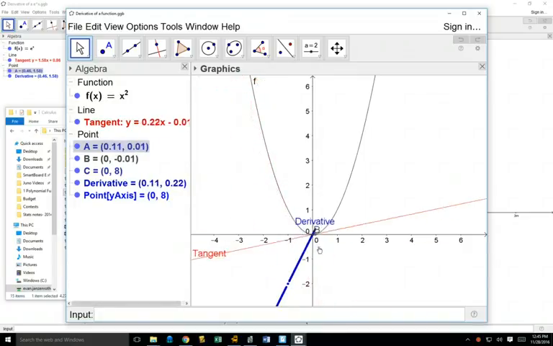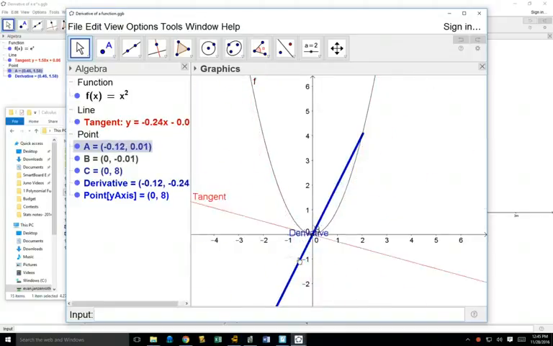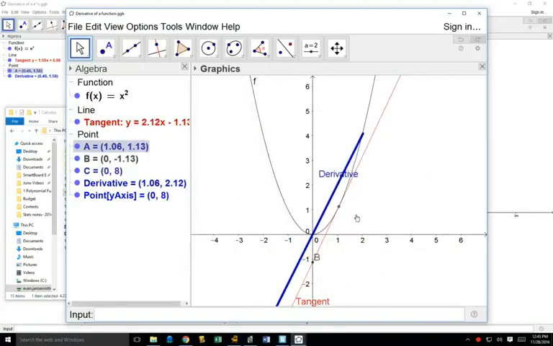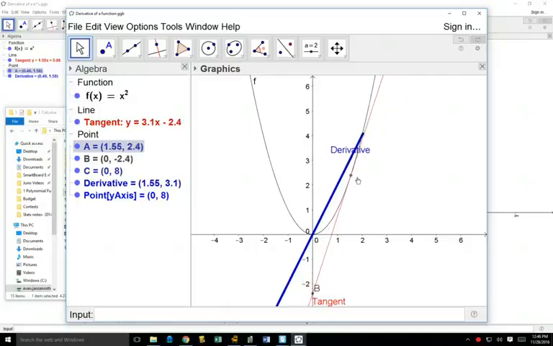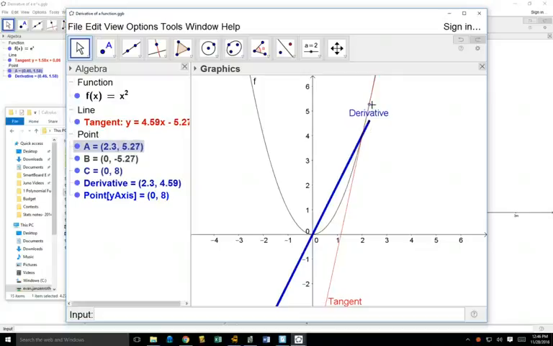As it's graphing all the slopes, does it look like it's making the line y equals 2x? Yes. So what this program does is, as you drag a point along, it moves up a little bit till it gets to a new point. So at that point, 2.3, 5.27, I've got a derivative that's going to be 4.59, and it's graphing that point. And if it graphs all of those together, we can see that the derivative of a parabola is a straight line.